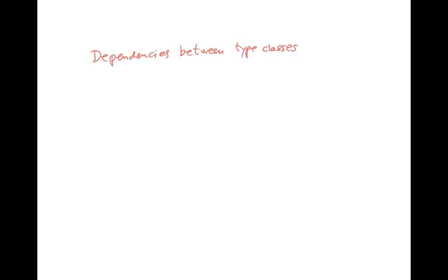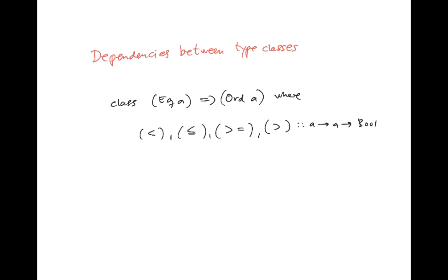Here's a declaration of the type class of ordered types, and it says that if we have a class a that's a member of the type class Eq, then it's also a member of Ord a, and we then specify the methods that are special to Ord a, and these are the comparison operations, less than or equal, greater than or equal, and greater than.